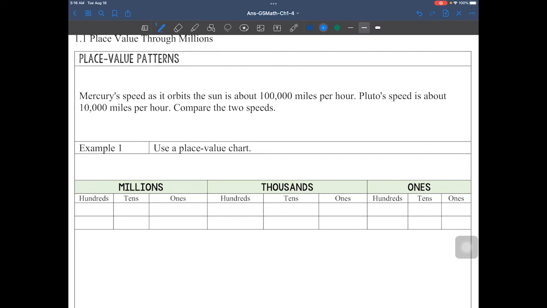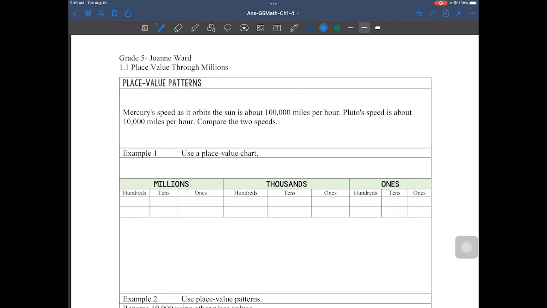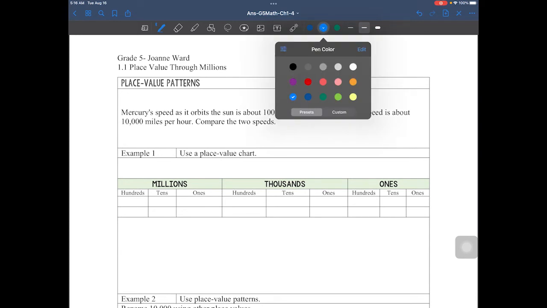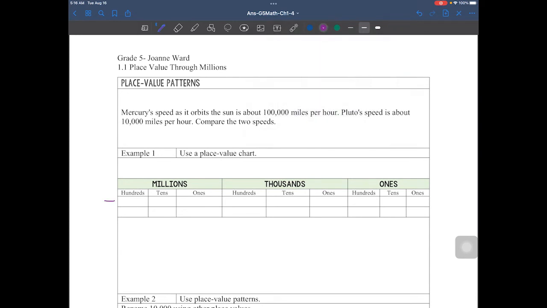Mercury's speed as it orbits the sun is about 100,000 miles per hour. Pluto's speed is about 10,000 miles per hour. We want to compare them. In the first line, we put in the speed of Mercury. In the second line, we put in the speed of Pluto, because we want to compare them.